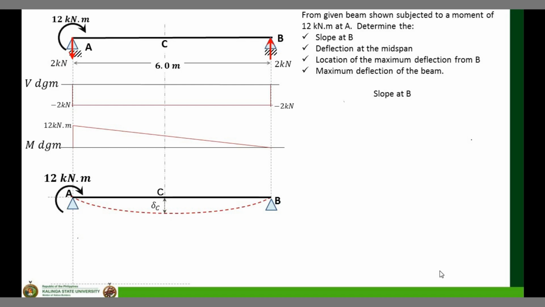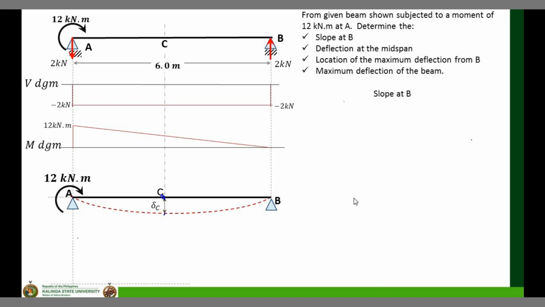Yan. So, yung ating deflection at midspan, since point C is the midspan. Di ba originally yung point C nandito? But due to the moment of 12 kilonewton meter, nag-deflect ang beam, and the distance from the original point of C hanggang dun sa may deflection, that is the delta C, or yun yung deflection at the midspan.